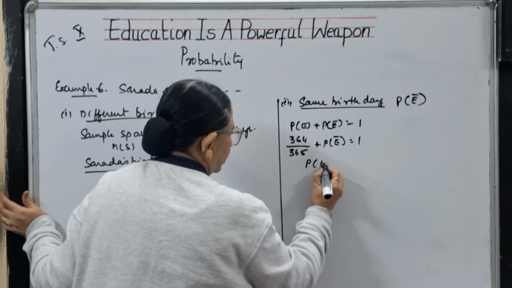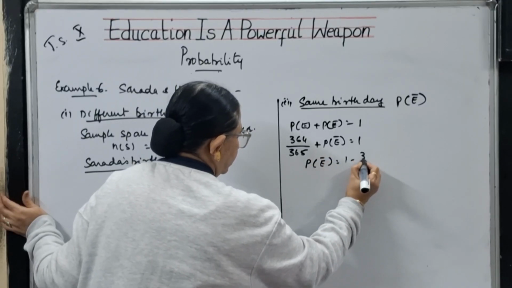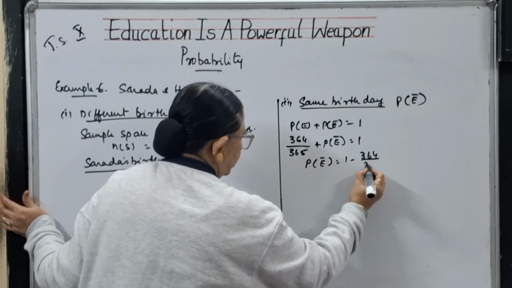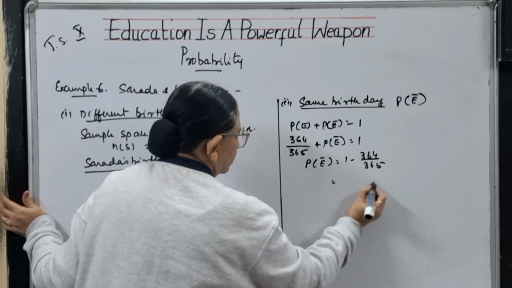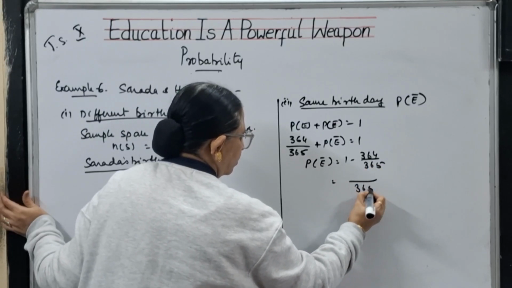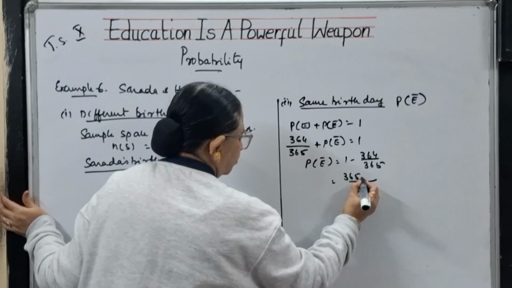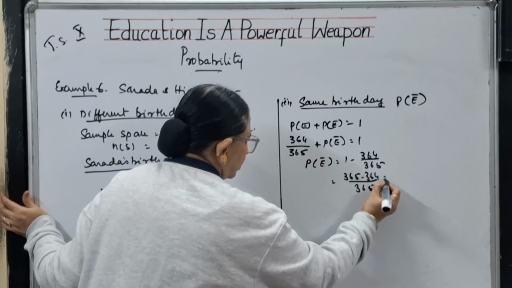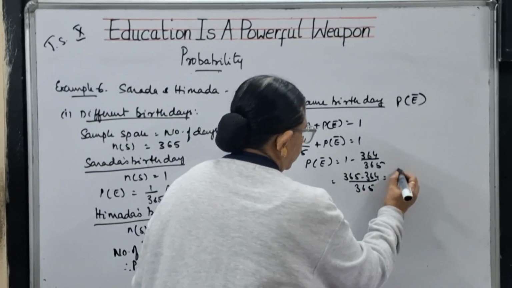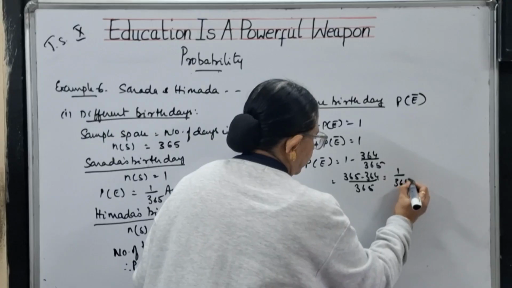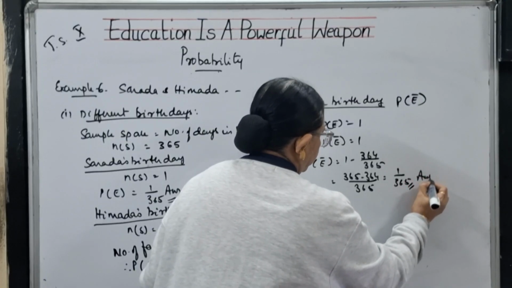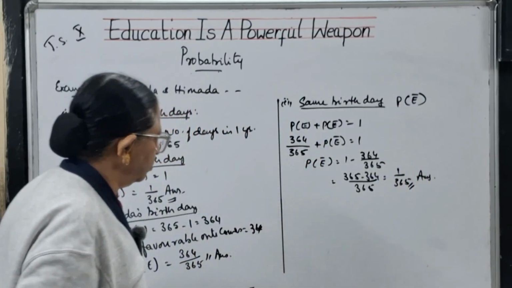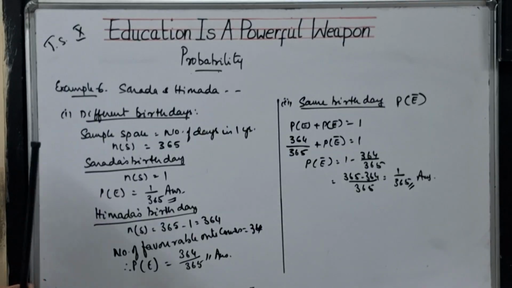So P of E dash is equal to 1 minus 364 by 365, that is 365 minus 364, that is 1 by 365 is the answer, children. So the problem looks difficult, but when you do it, it's very simple, children.